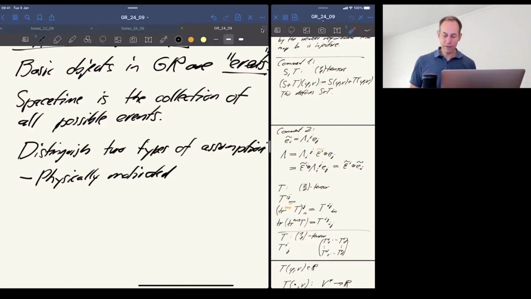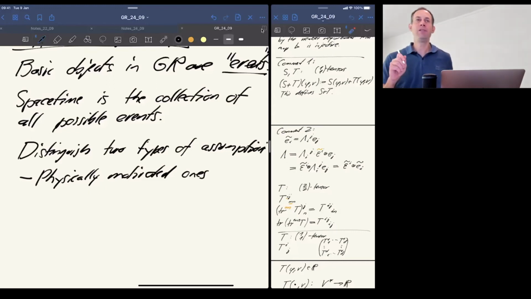And one of the physically motivated ones is, for example, that we can measure distances in our physical universe. I can tell you that two things have a certain distance from each other. I can also measure time. I can measure the time that passes between two events which I connect. So I have an event now that I'm standing here starting to give the lecture, and there's another event where I'm ending the lecture, and I can tell you what time passed in between these two events.